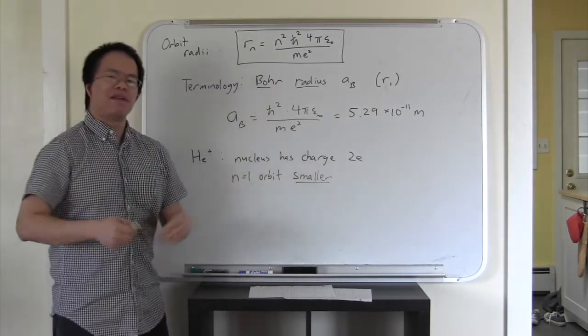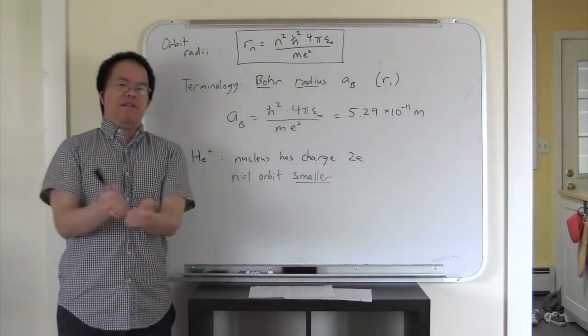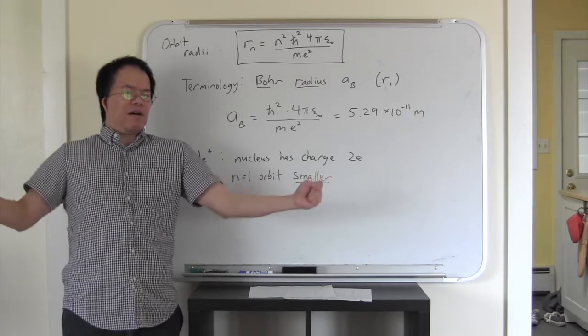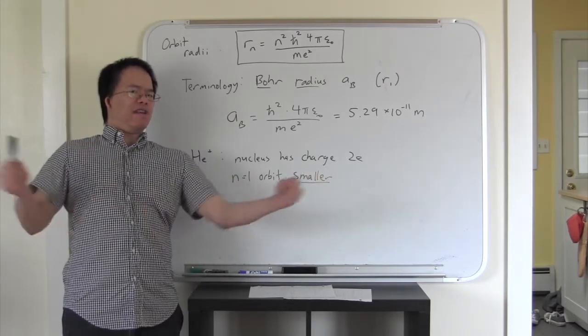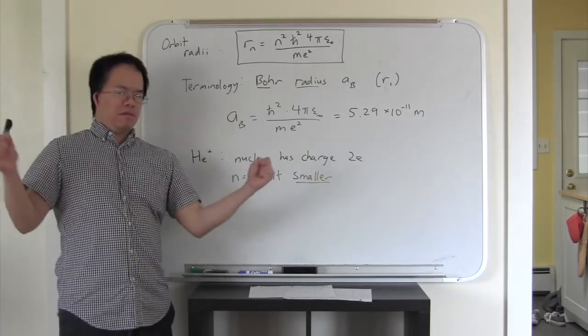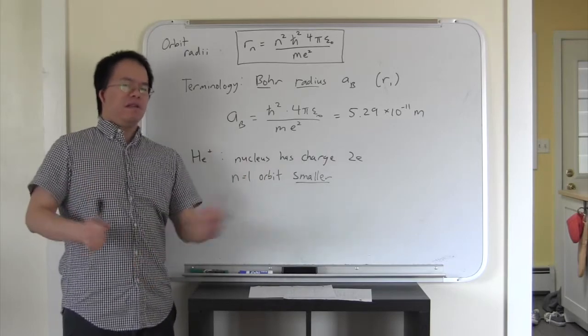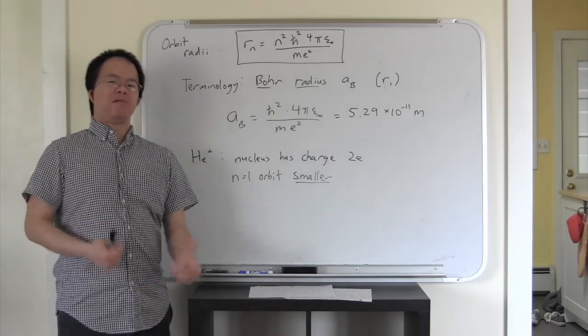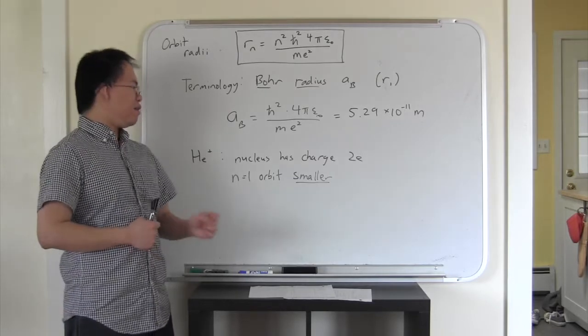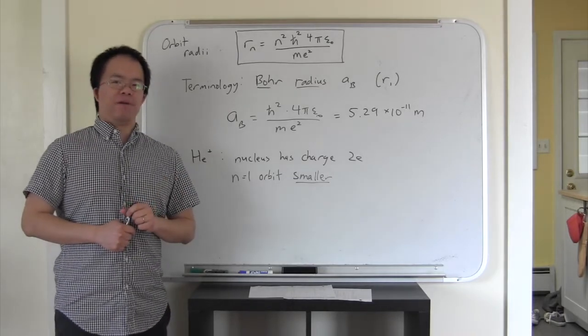You can think about this qualitatively: if I double the charge of the nucleus, I now have a stronger force pulling the electron towards the nucleus. So maybe it's not too surprising that the allowed n=1 orbit is indeed smaller.